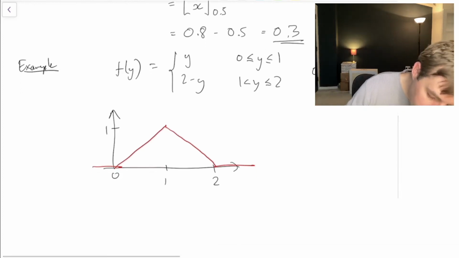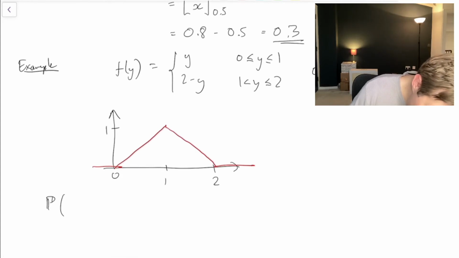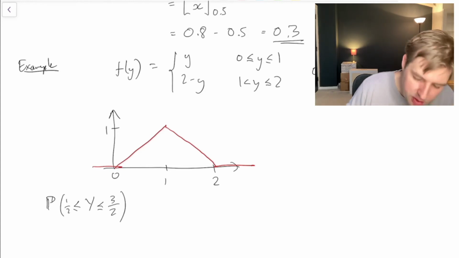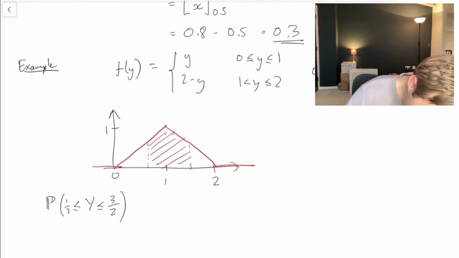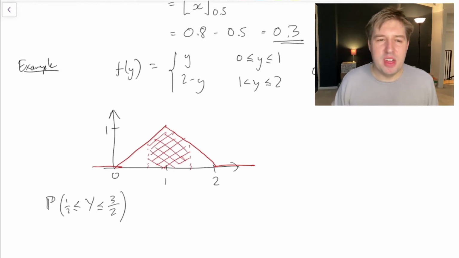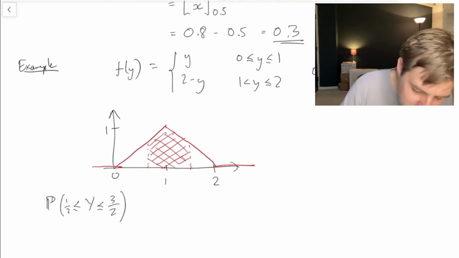So again, let's suppose we want the probability that this random variable y is between 1/2 and 3/2. So that's going to be the area under the curve between 1/2 and 3/2. You might be able to work out the answer by doing an area of the curve thing, but we'll do the proper integration.